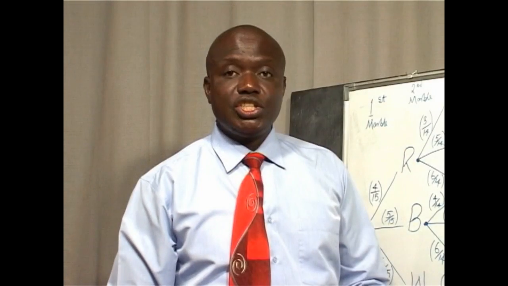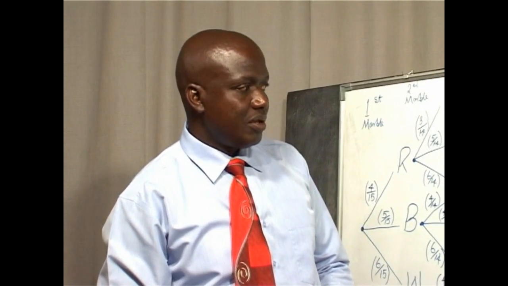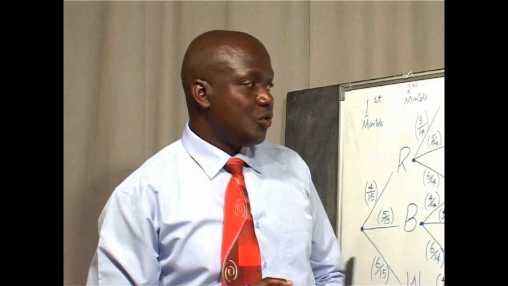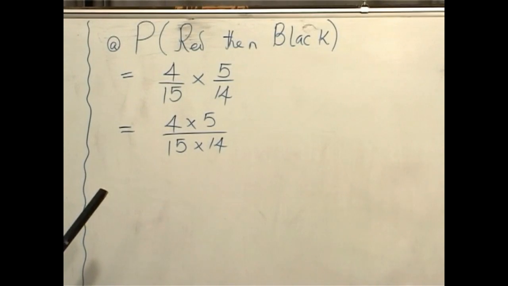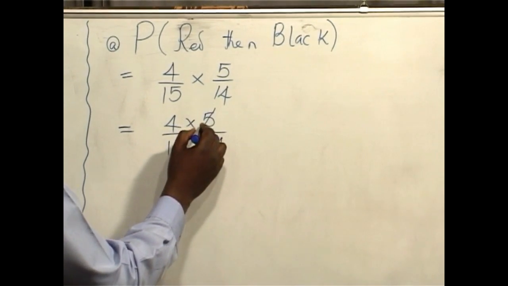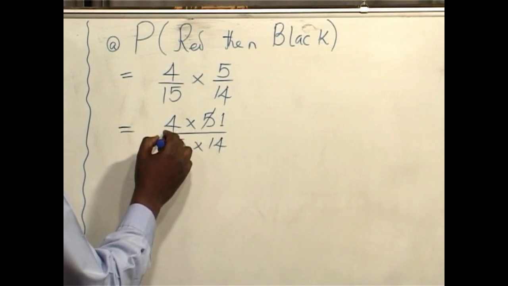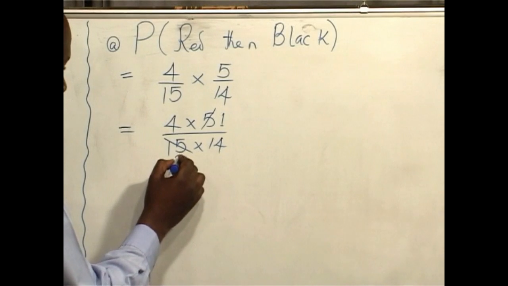And at this stage, you need to simplify where possible. Like we can see that we do have a common factor of 5 in both the numerator and the denominator. So we divide by 5, we get 1. We also divide by 5 to get 3.